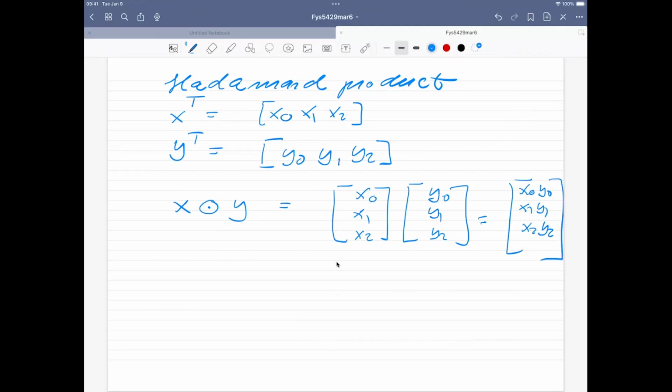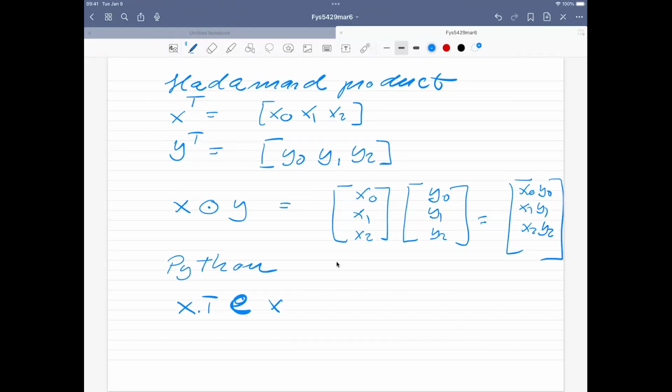Now you have to be careful sometimes when we encode it in Python. If we do the inner product of two vectors, then we would typically in Python write it like X transpose, multiplied with X. This is the way you would write the inner product of two vectors.